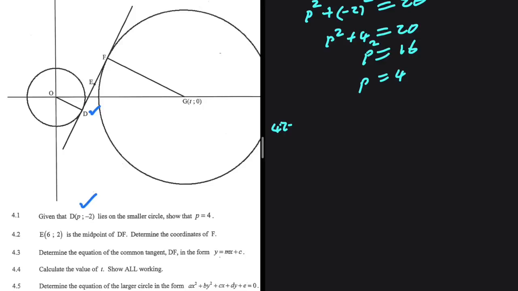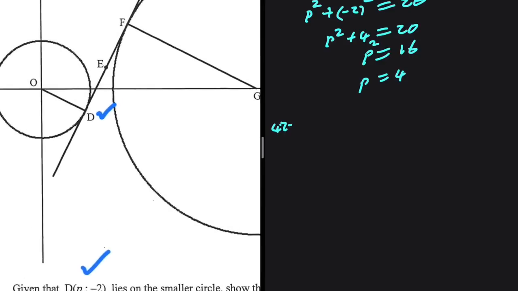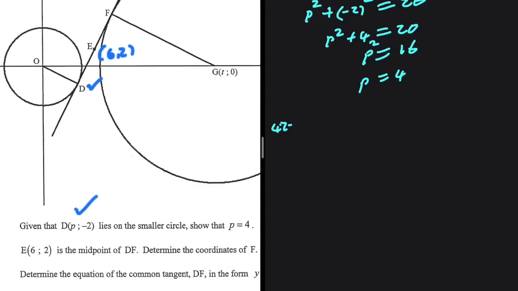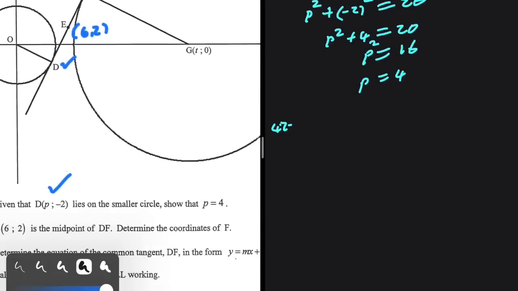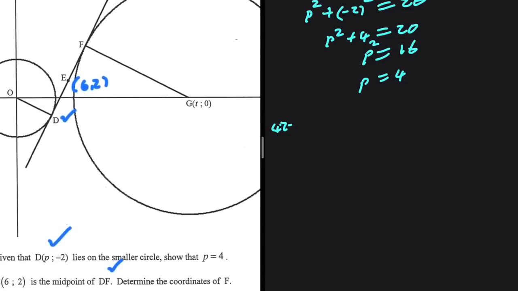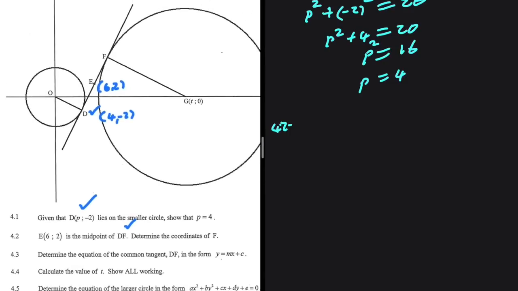In 4.2, we are told that E with coordinates (6, 2) is the midpoint of DF. Determine the coordinates of F. We have the coordinates of D, (4, -2), the coordinates of E, and we are looking for the coordinates of F. E is the midpoint of DF.